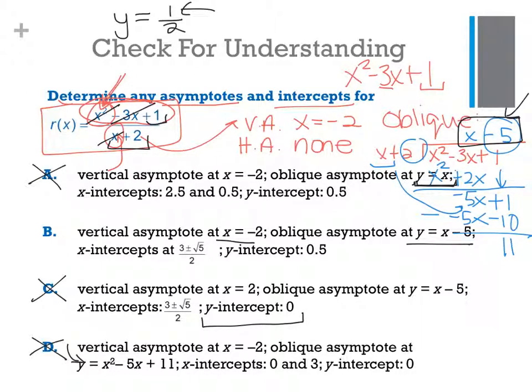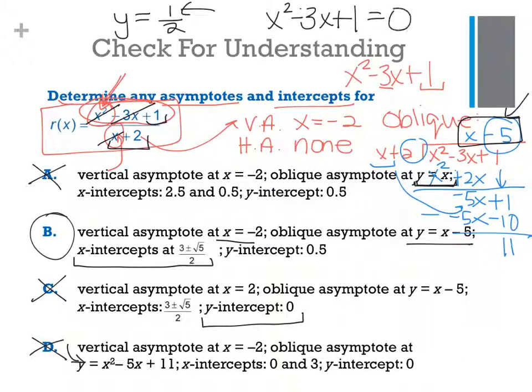The other thing, so we know what the answer is, but in order to find our x-intercepts, you need to find where x squared minus 3x plus 1 is equal to 0. Because this is not factorable, I'm going to do something similar to what I did in the previous example and use the quadratic formula.